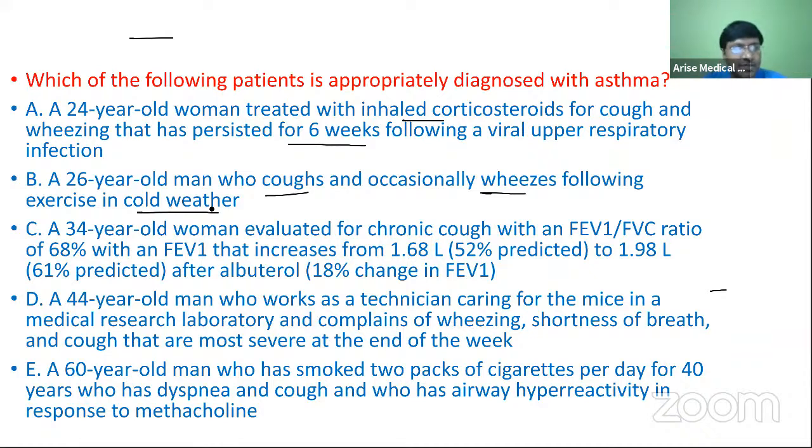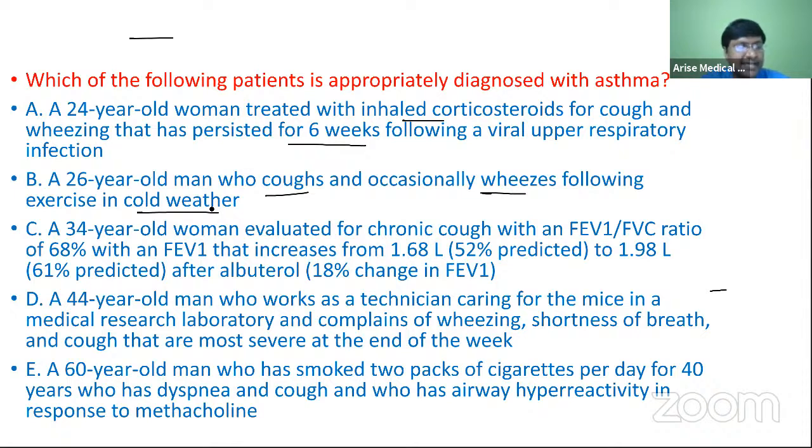Third option, a 34-year-old woman evaluated for chronic cough with an FEV1 by FVC ratio of 68%, with FEV1 increasing from 1.68 to 1.98 liters after albuterol. Fourth option, a 44-year-old man who works as a technician caring for mice in a medical research laboratory and complains of wheezing, shortness of breath and cough.